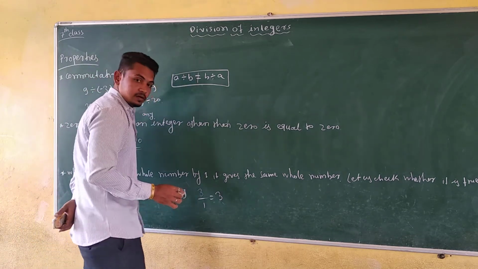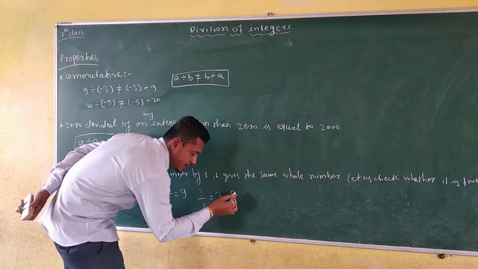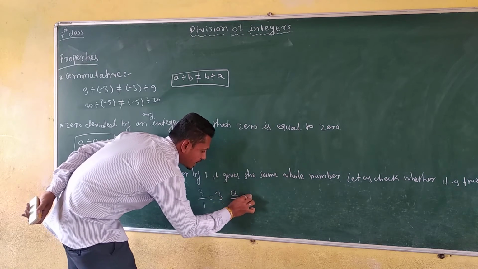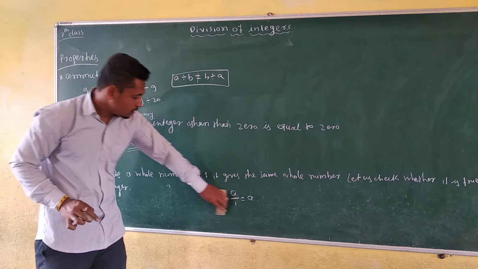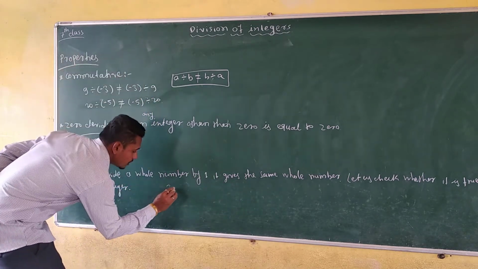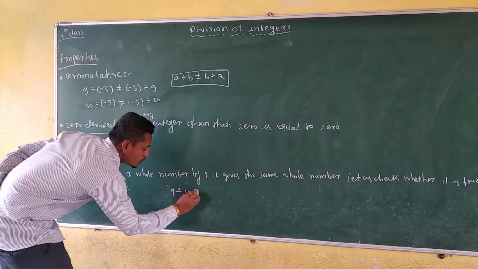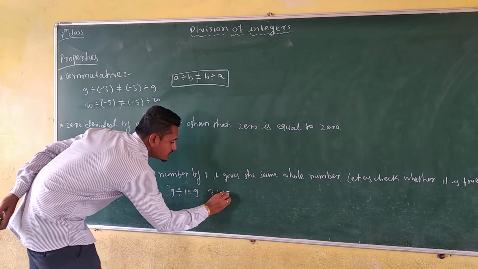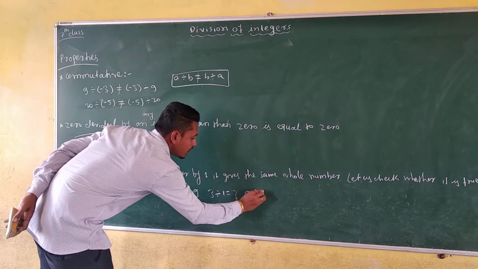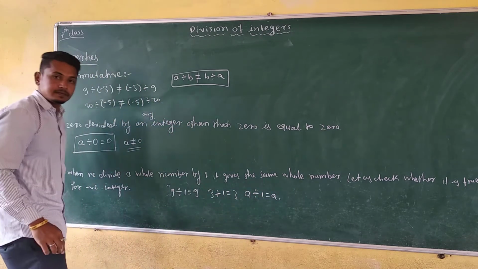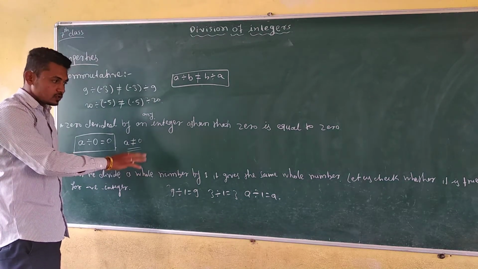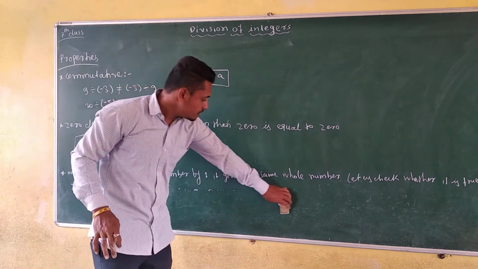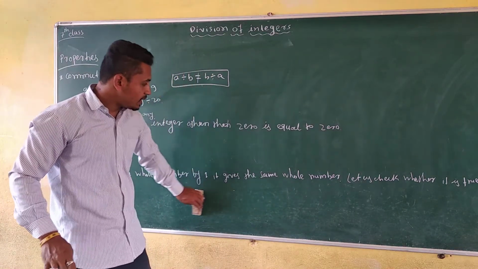Next, take A as any whole number, A divided by 1 again gives A. You have to write that. So 9 divided by 1 is equal to 9, 3 divided by 1 is equal to 3, A divided by 1 is equal to A. This is in whole numbers, and it gives the same whole number.